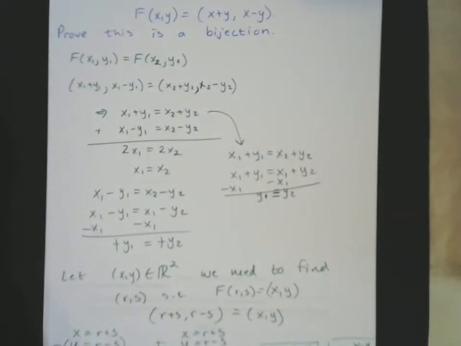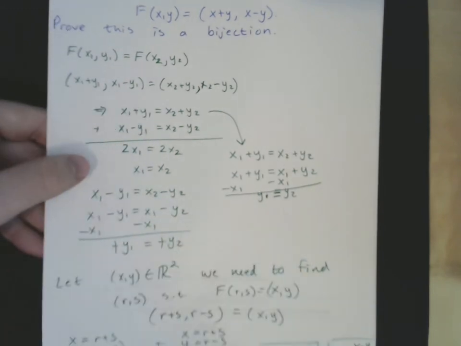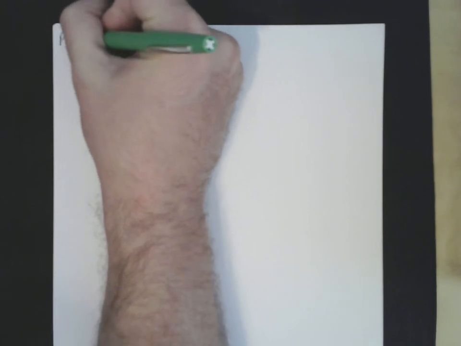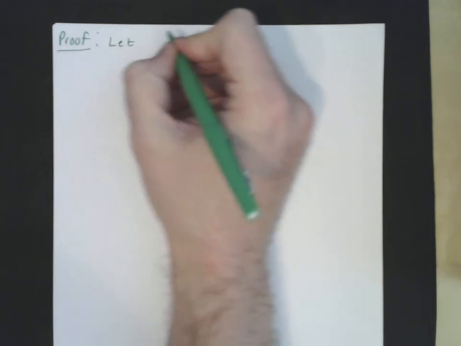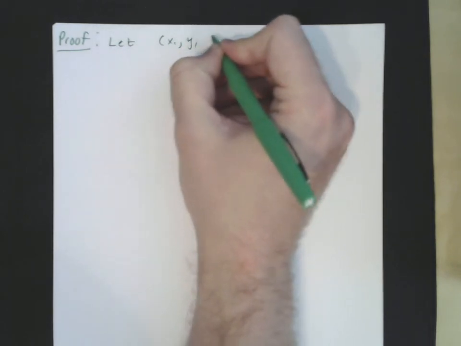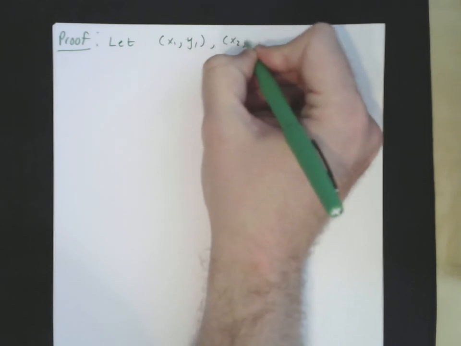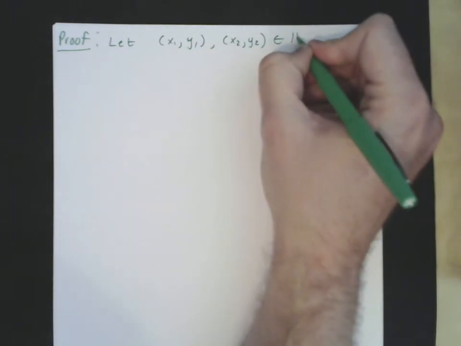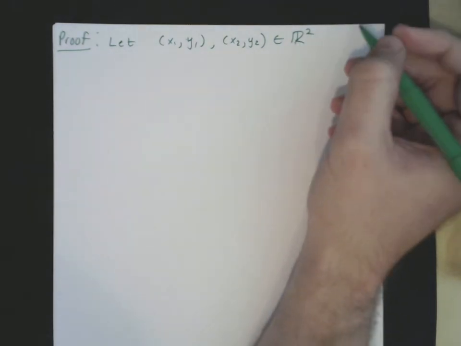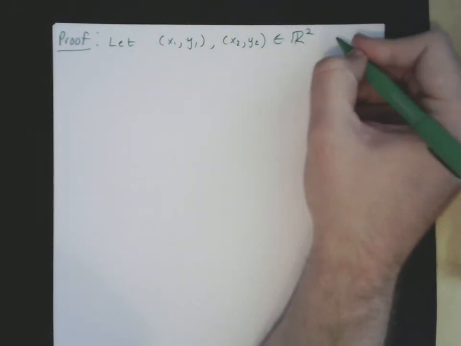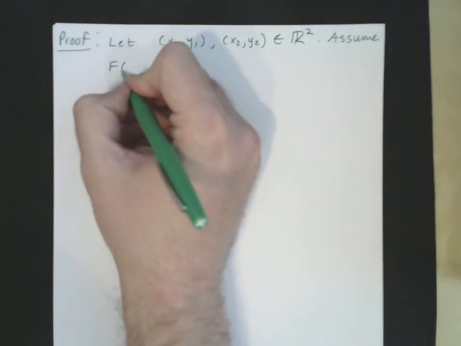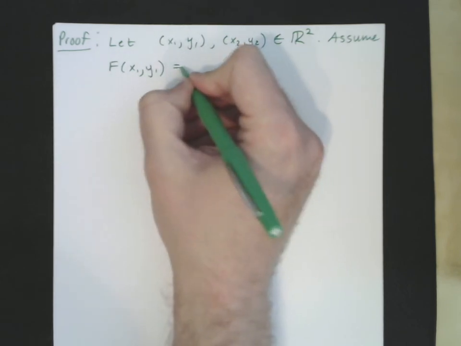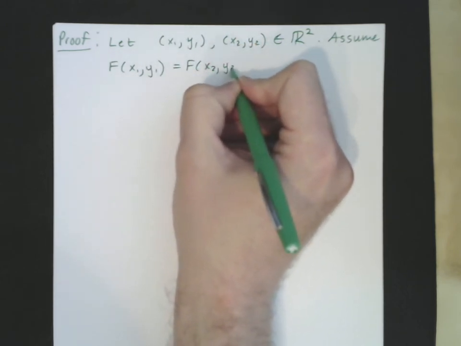So now, if we want to start our proof, we're going to let (x1, y1) and (x2, y2) be elements of R2, and then we're going to assume that f(x1, y1) equals f(x2, y2).